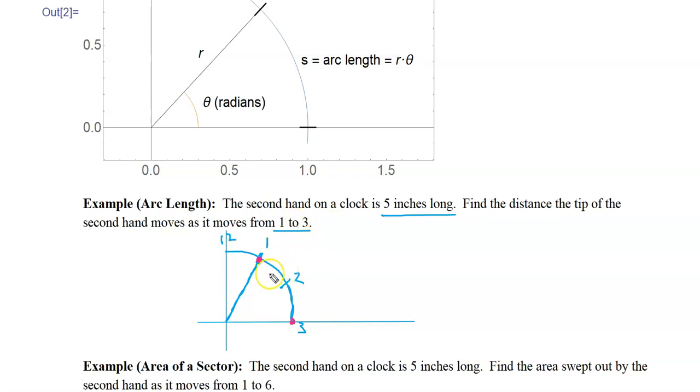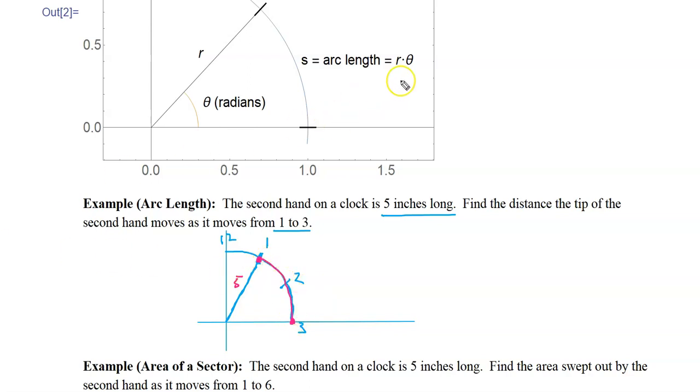So for this problem, here we have a second hand right here, and it moves from the 1 position down to the 3 position right here, and we want to find this distance along the outer edge of that circle. Now the second hand is of length 5, so that's going to be the radius of this circle, and so we need to find that distance.